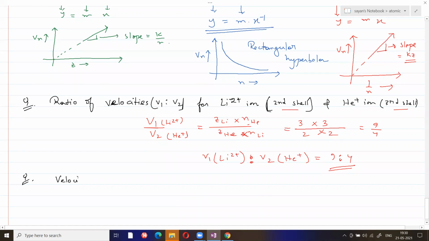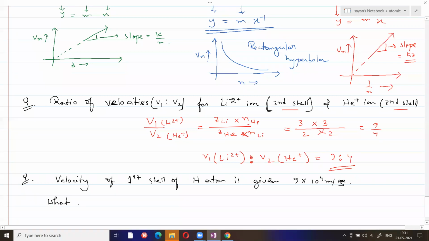Okay. Velocity of first shell of hydrogen atom is given 9 into 10 to the power 4 meter per second.